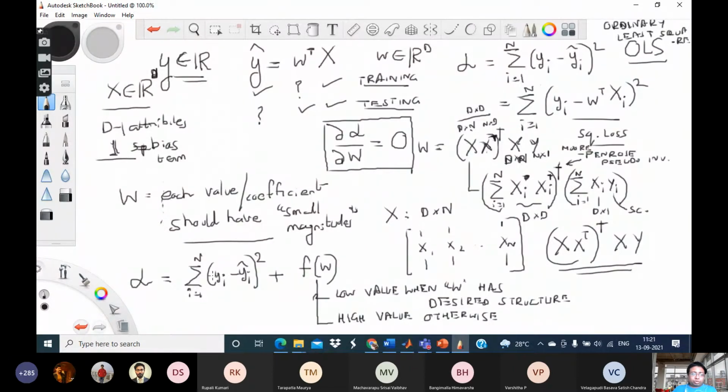So instead of y hat, let me write W transpose xi, so that the whole thing becomes a function of W.